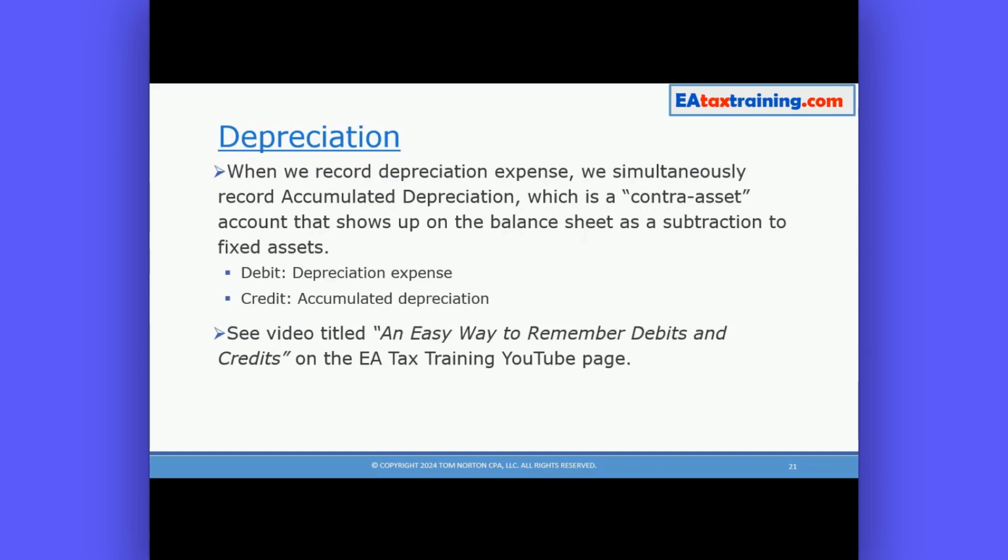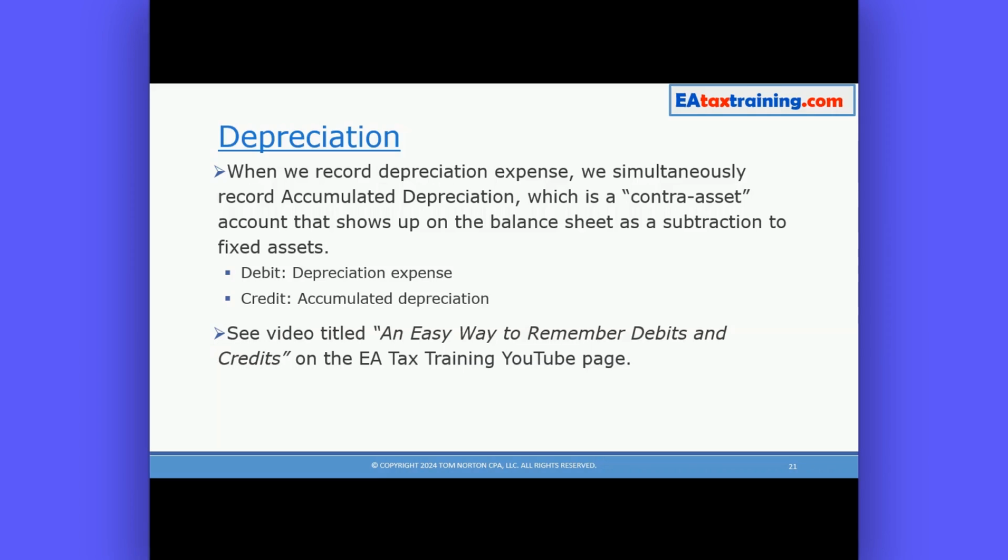Depreciation. When we record depreciation expense, now I'm going to get all accounting on you here for a minute again, okay? When we record depreciation expense, we simultaneously record accumulated depreciation, which is called a contra asset account, and it shows up on the balance sheet as a subtraction to fixed assets.